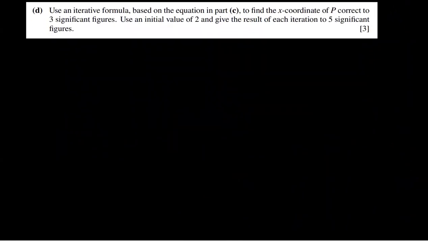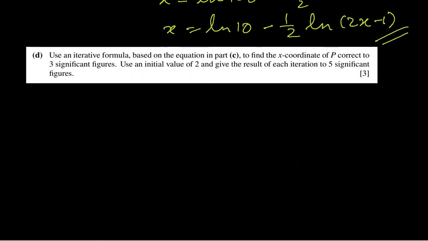Final part of the final question. Use an iterative formula based on the equation in part C that we got here, to find the x coordinate of P correct to 3 significant figures. Use an initial value of 2 and give each iteration to 5 significant figures.